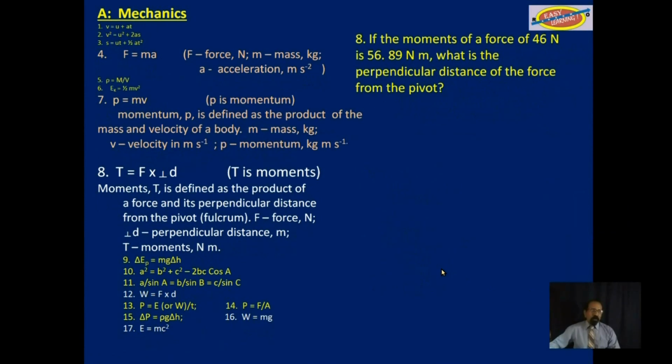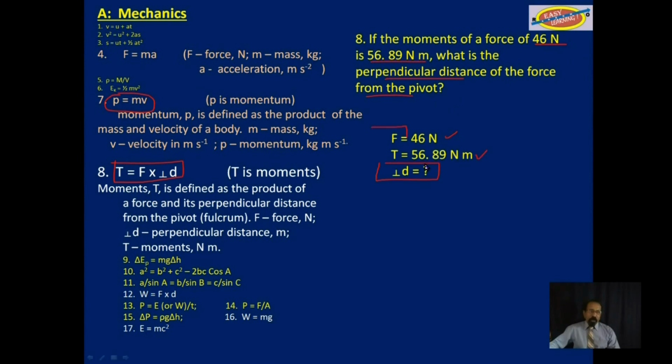One more question based on moments. Please do not confuse moments with momentum. Now, the moment of a force of 46 Newton is 56.89 Newton meters. What is the perpendicular distance of the force from the pivot? So we know the force, we know the moment, we want to find the distance.